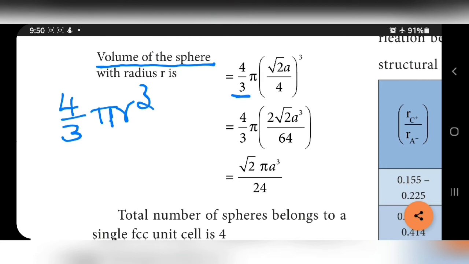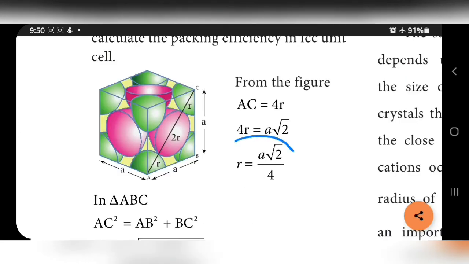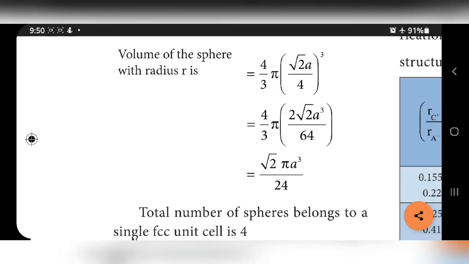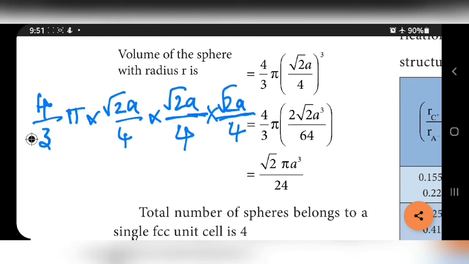Instead of r, we are substituting the r value, that is root 2 a by 4. So 4 by 3 pi, root 2 a by 4 whole cube. We can write 4 by 3 pi, root 2 a by 4 into root 2 a by 4 into root 2 a by 4.